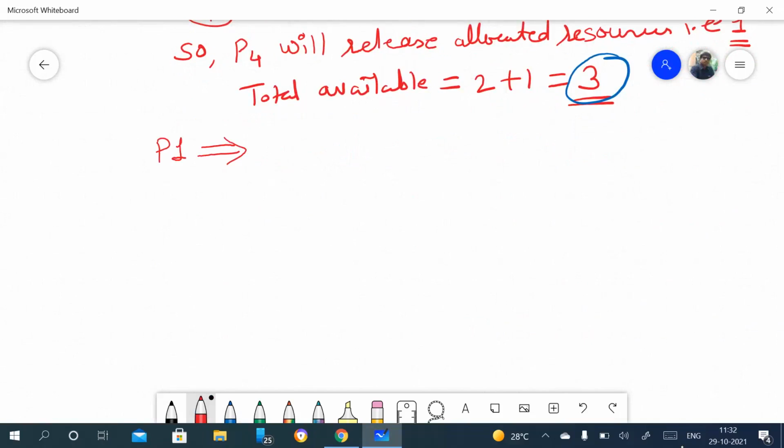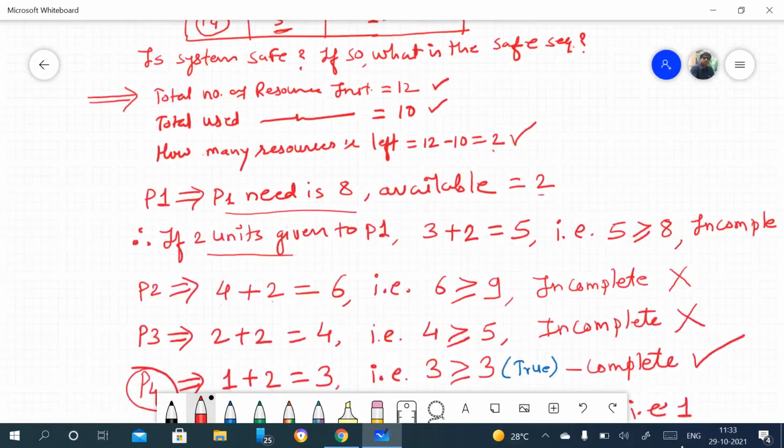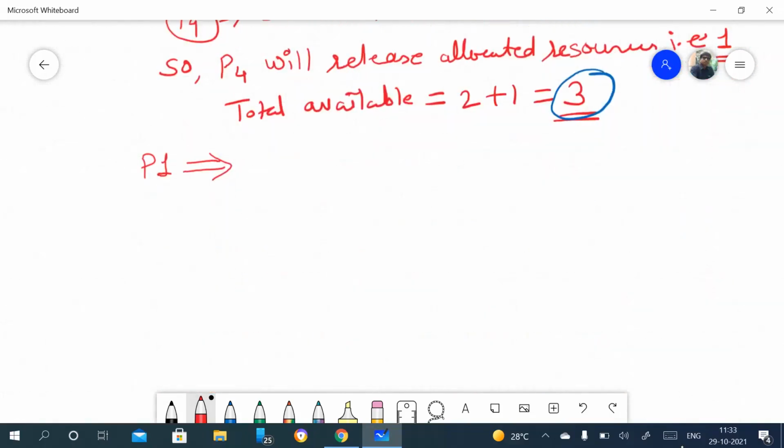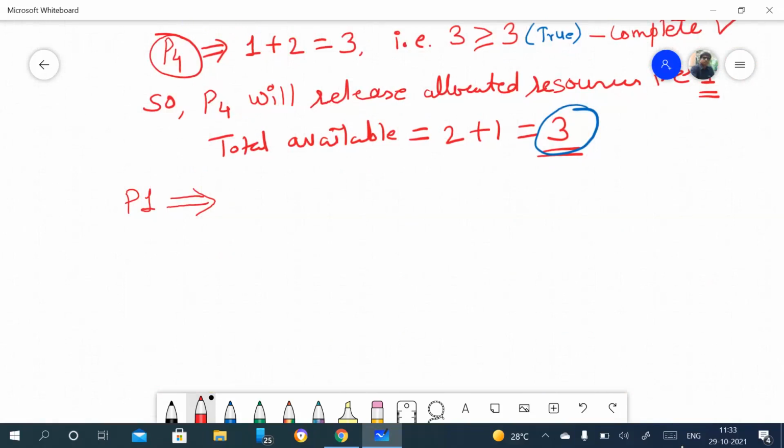So the need of that P1 is what? That need is 8 and currently allocated are 3. You can see here, need is 8 and currently allocated are 3. So we write here 3 which are allocated by the process, and we have 3 in our hand, so that becomes 6.